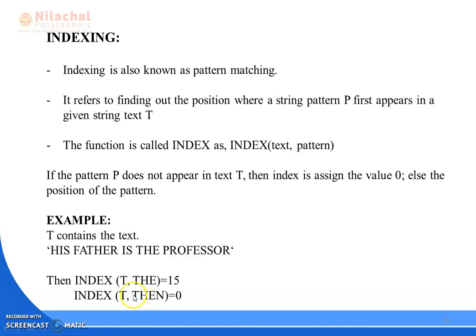We have to find whether then appears in the given text or not. We can easily see it is not present in the text. As the rule says, if the pattern does not appear in the text, then the index is assigned the value 0. So we can see the index is assigned the value 0.